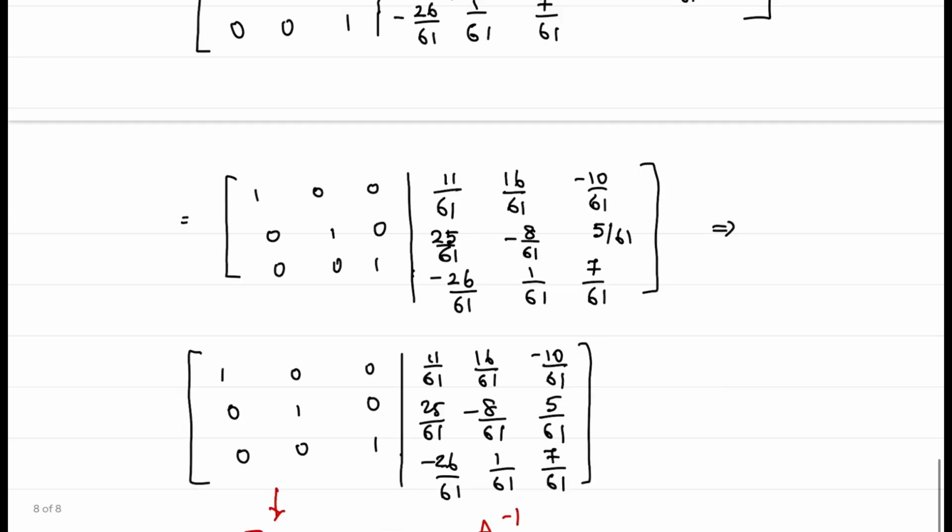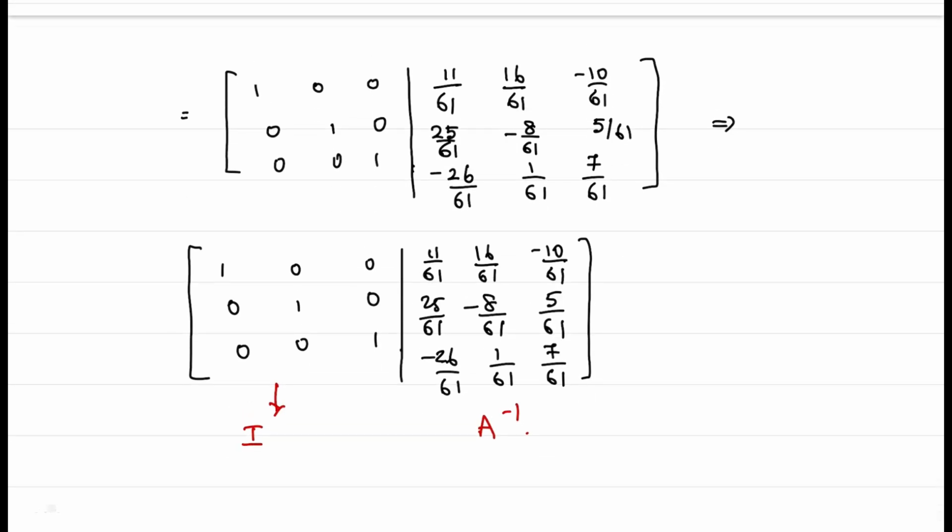Then we made the third row and third column element unity. Then we operated on the first row and second row and made them zeros. Ultimately, we converted the original matrix into I, and we converted the I into the inverse. Therefore, the inverse is given like this. This is the way we have to find out the inverse.